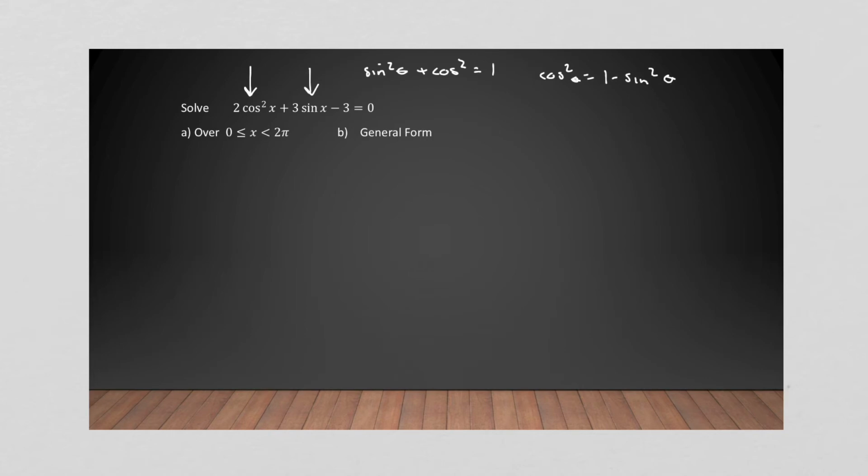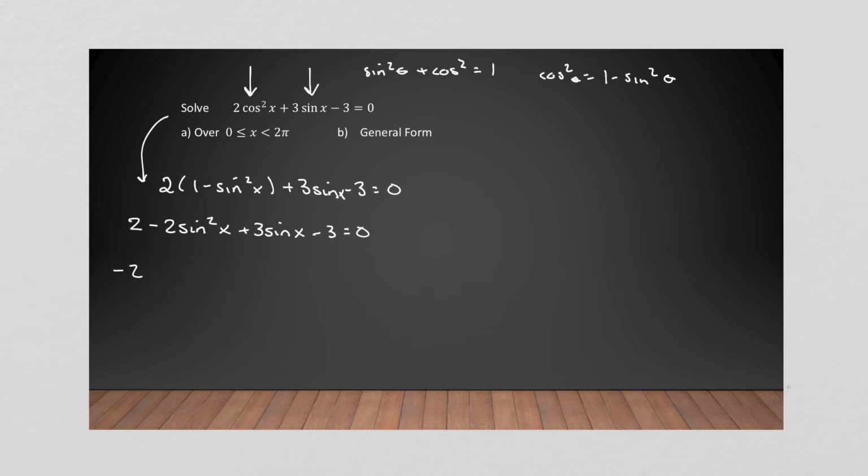So what we're going to do is take this function and change this to 1 minus sine squared x, and then plus 3 sine x minus 3 equals 0. Distributing, that's 2 minus 2 sine squared x plus 3 sine x minus 3 equals 0.